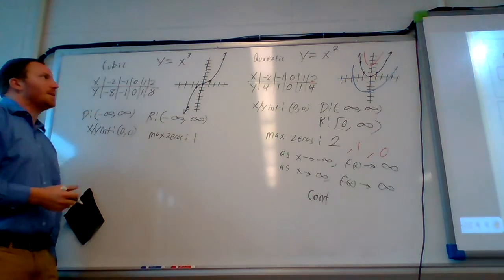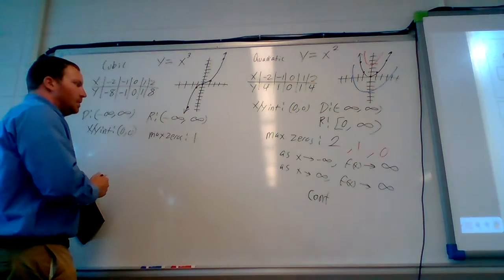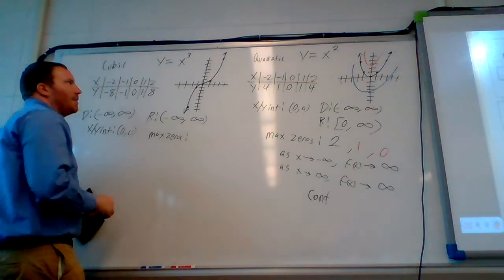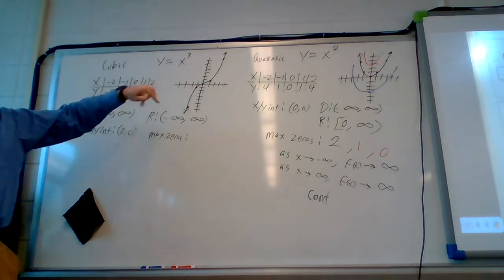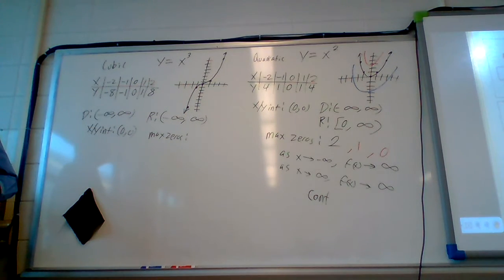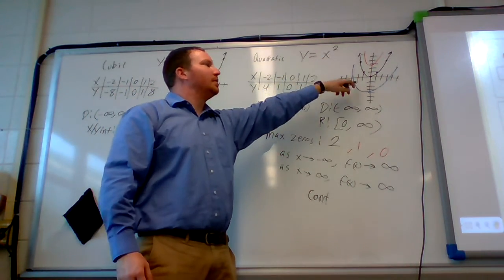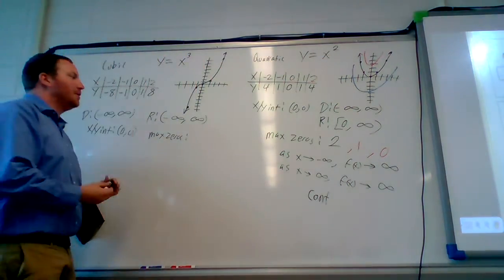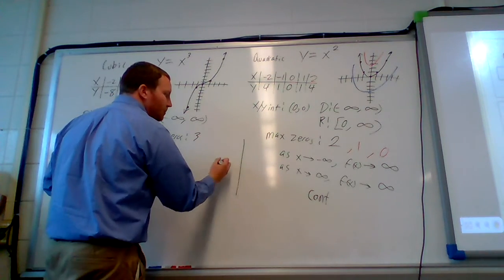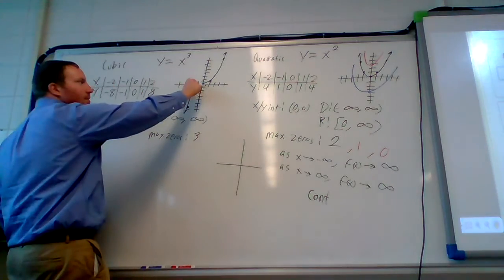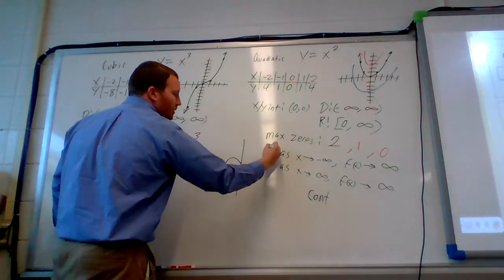Anybody else want to take a guess at how many our maximum is going to be? 1 is not our maximum. It's how many we have on this graph. So let's think about it. Quadratic, we had 2. 3. 3 is our maximum. And the way that happens is if we stretch out these kind of little flattened out parts, we can get a curve that looks like this.